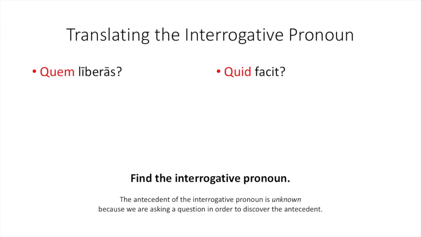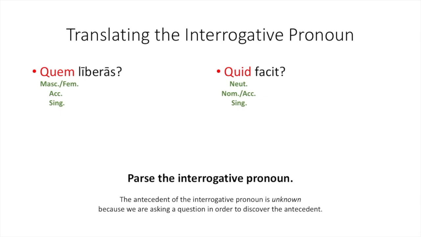We want to learn what this antecedent is in order to get the answer to our question and help us learn more. So the next task will be to parse the interrogative pronoun. Hopefully you've noticed that quem could be masculine, feminine, accusative, singular, and quid would be neuter, nominative, or accusative, singular.